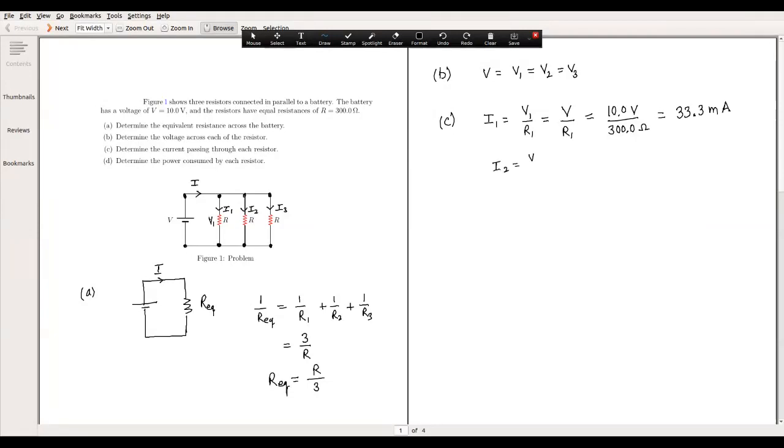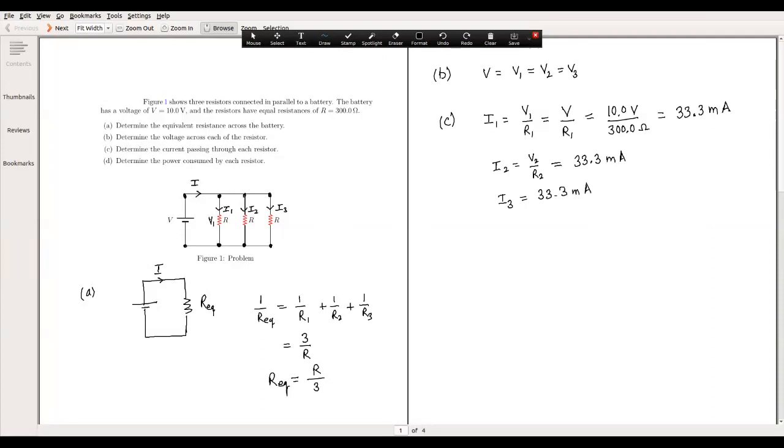It's V2 over R2, but that's pretty much the same. So I1 is 33.3 milliamps, and I3 also is 33.3 milliamps.